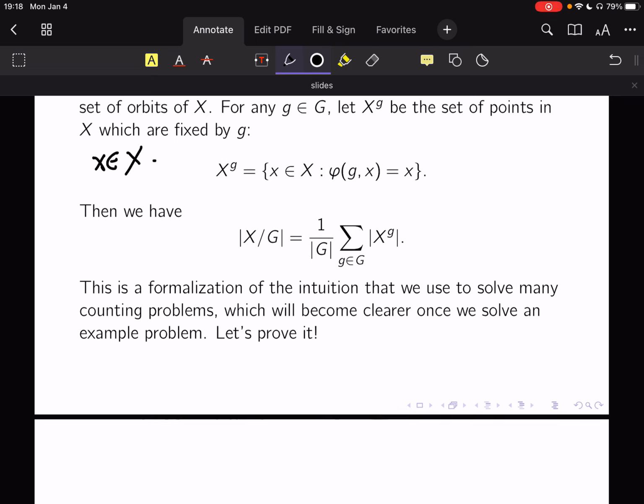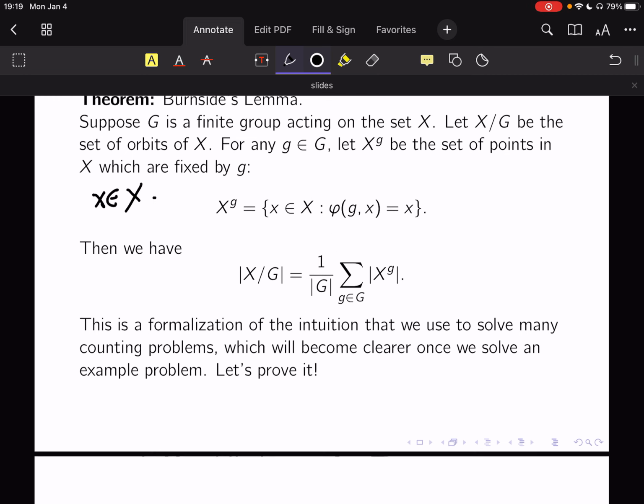Then we have that the cardinality of X slash G is 1 over the cardinality of the group G times the sum over all g in G, so every rotation or every transformation in G, of the cardinality of the set X to the g.